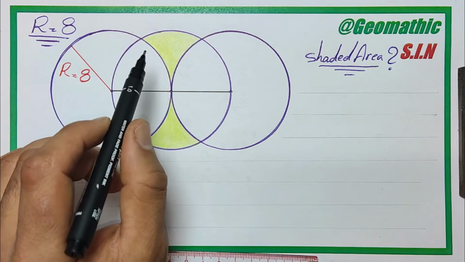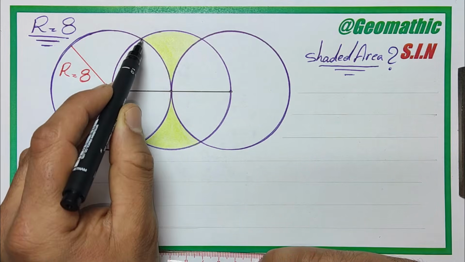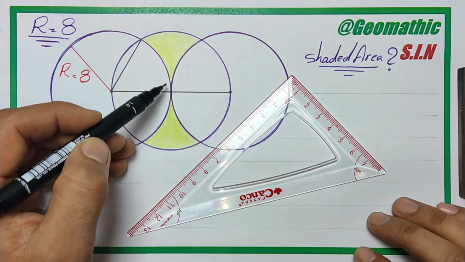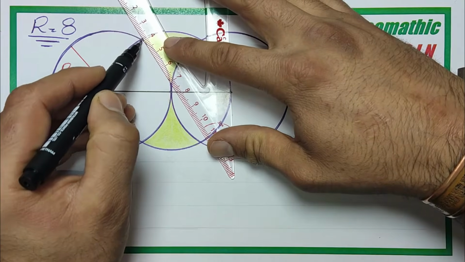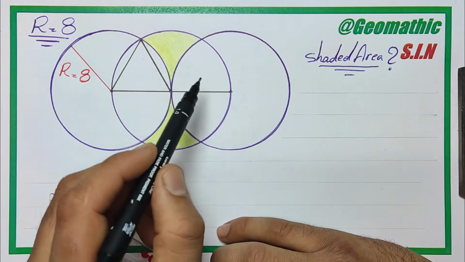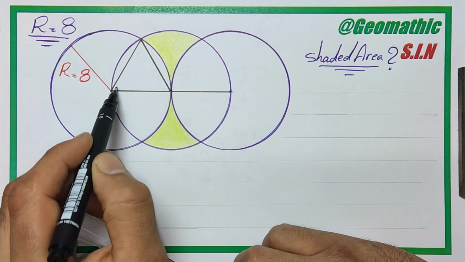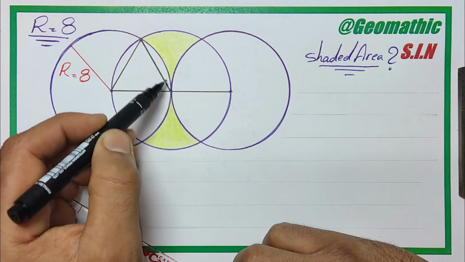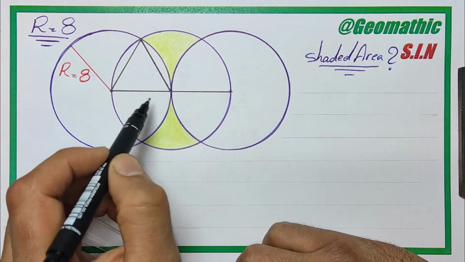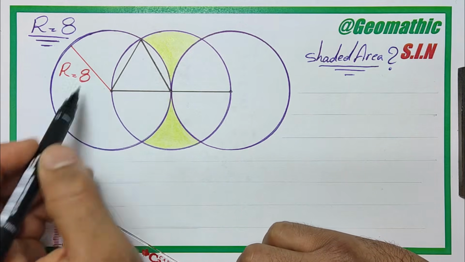So far nothing special comes out, but when I connect this point to this one, and of course this point to this, a triangle is formed. If you look carefully, each side of this triangle is a radius of a circle. This side is the radius of the middle circle, this side the radius of this, and this side of course the radius of the outer circle.